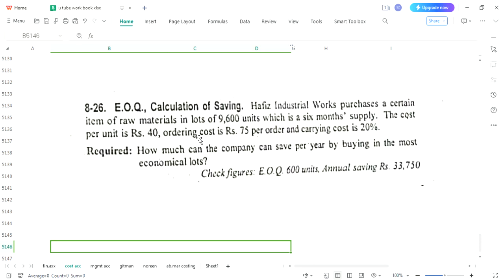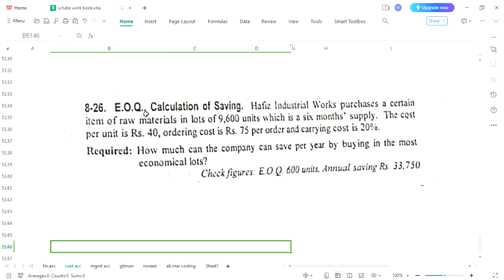We will calculate economic order quantity through a formula, and then another part asked in this question is: how much can the company save? So how much would this manufacturing concern save if it follows economic order quantity? In the last question we did the same thing, hopefully you remember.